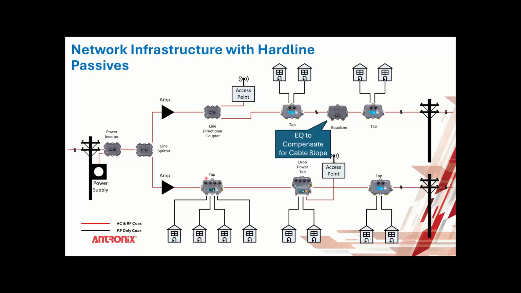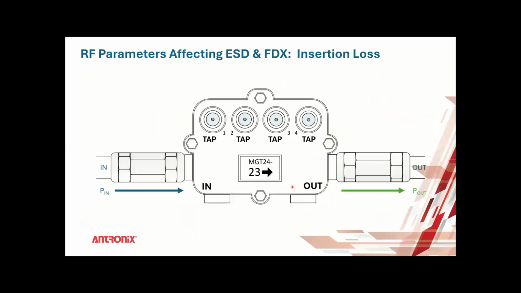And as we're talking about taps, some of the parameters affecting extended spectrum and FDX, the main performance parameter is insertion loss. So what is insertion loss? You have the power going into a tap and the power coming out of a tap. Ideally, you would want no loss going through the tap, so power in is equal to power out. But there is some insertion loss on all products.